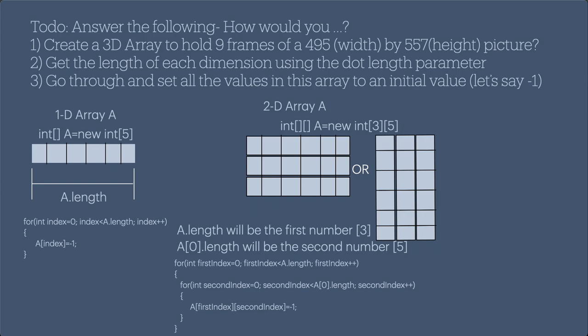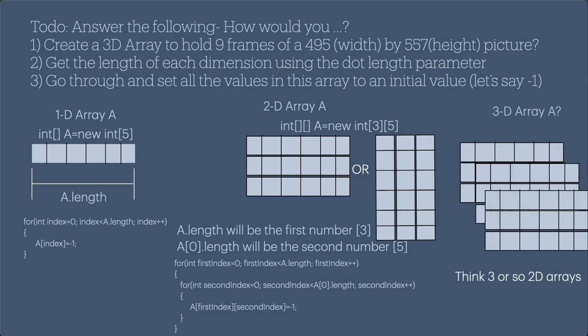Looking at both of these, you should be able to figure out how we might create a 3D array, for example. How we might figure out the length of the 3D array, right? What would a dot length be, a 0 dot length? How would you get that third dimension?